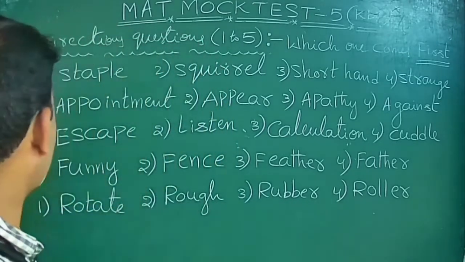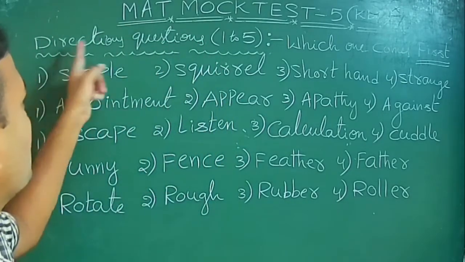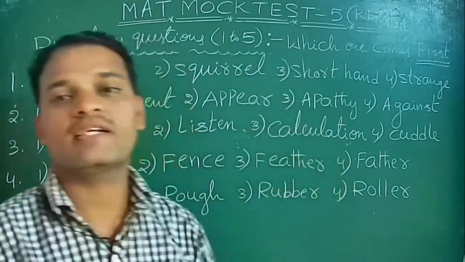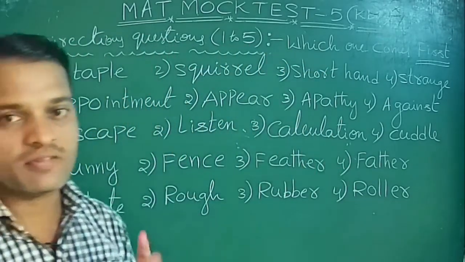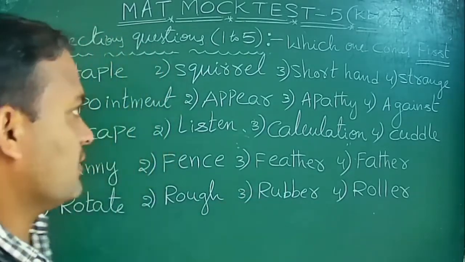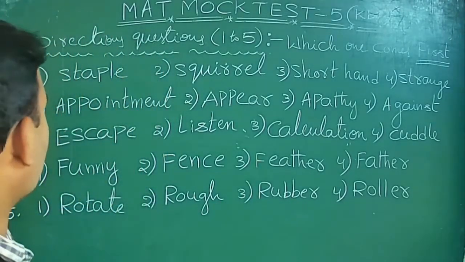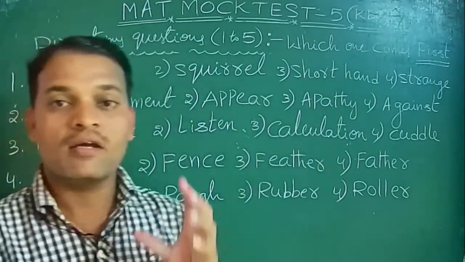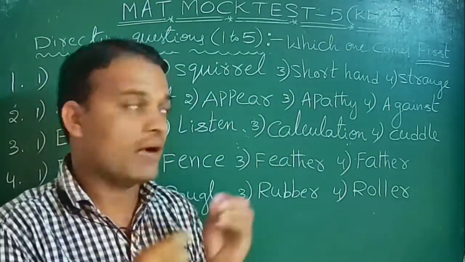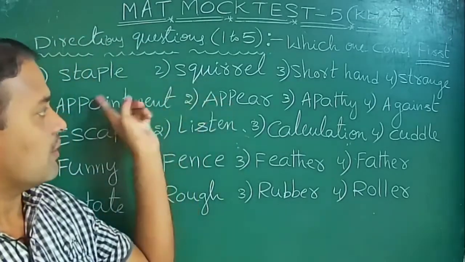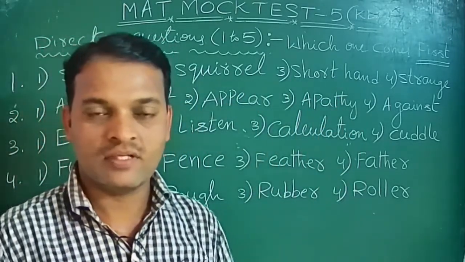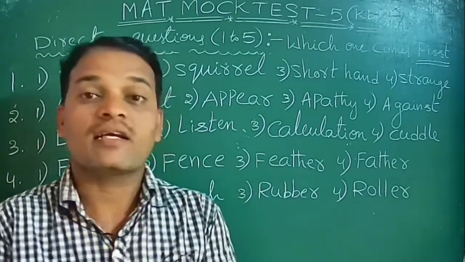Questions 1 to 5 are based on the directions for alphabetical order questions. According to the question, out of the 4 suitable options, you have to arrange the words in alphabetical order and identify which word comes first.